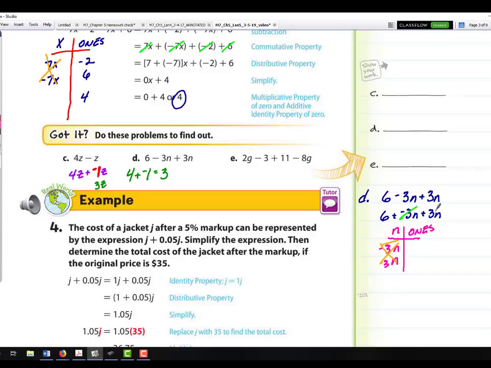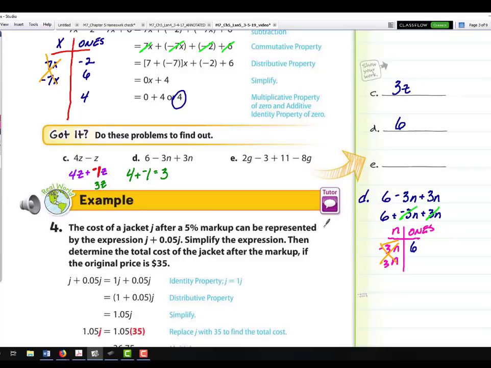So I used the 3n, the negative 3n. The other thing I had was the 6 1's. So when I do this problem, the n's cancel out. I'll put my answer up here in the answer space. All that's left is the 6. In C, what was left was the 3z.